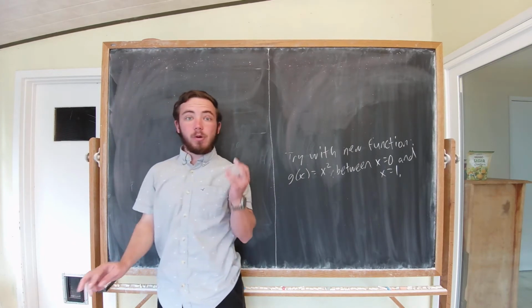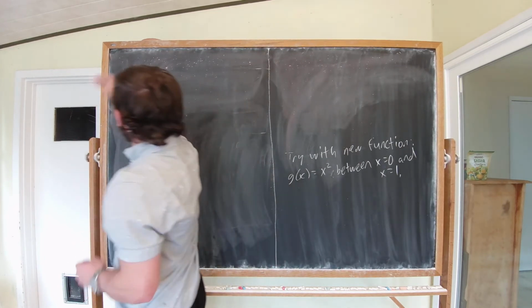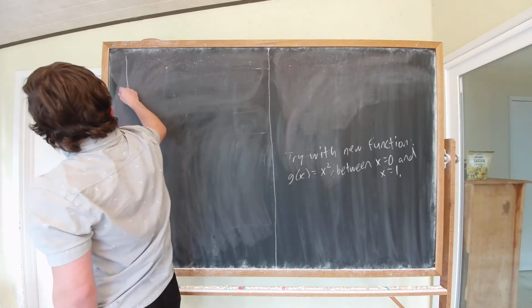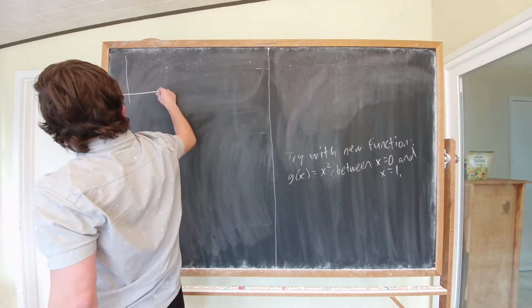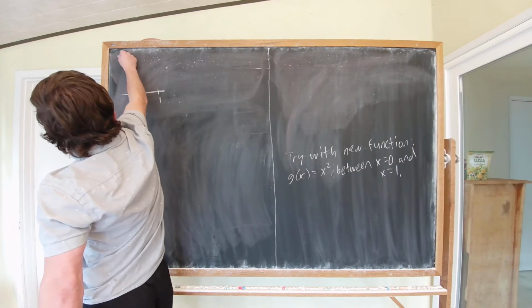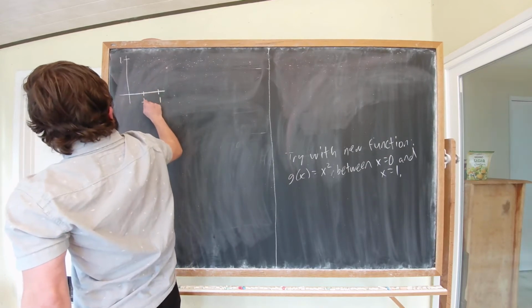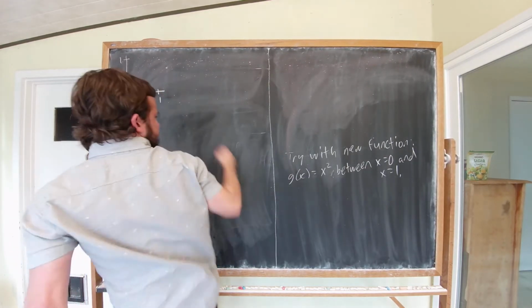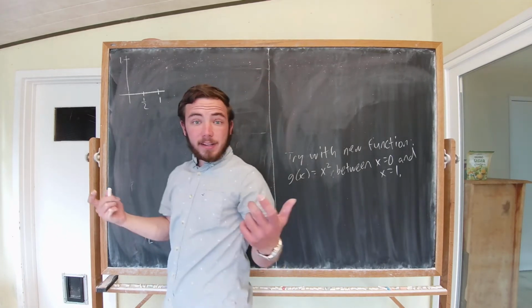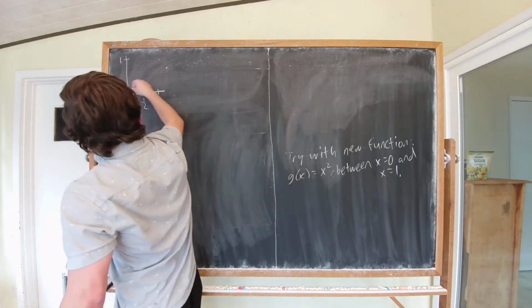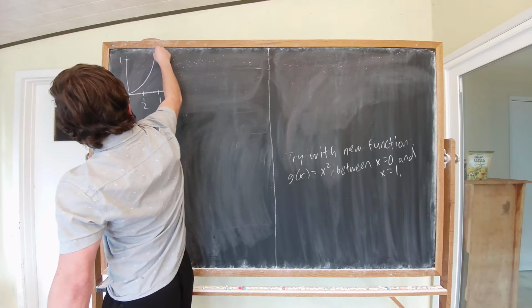So n equals 2, 4, and 8. So if we're looking at x squared between 0 and 1, what does that look like? That looks roughly like that.